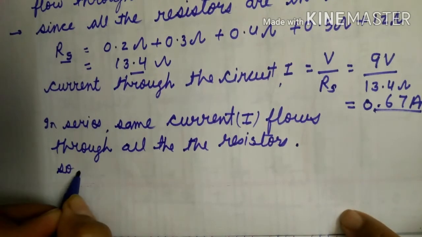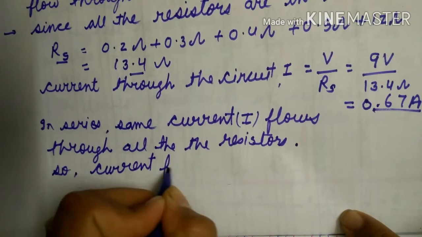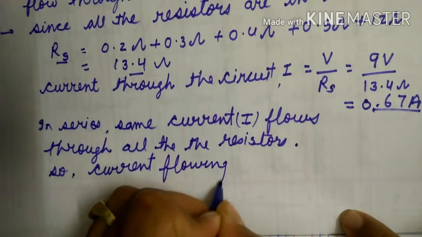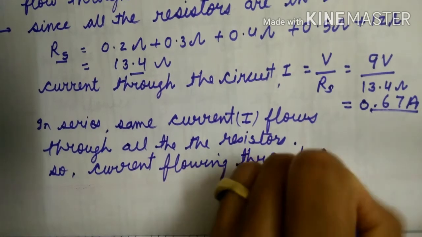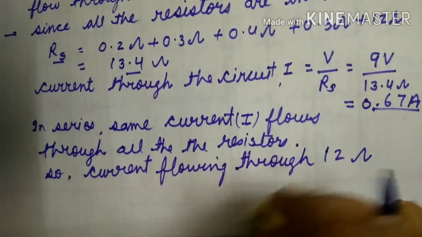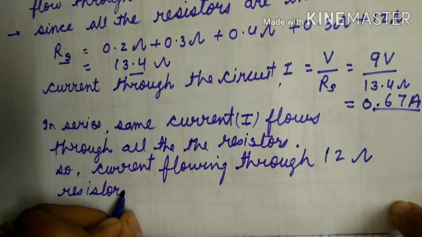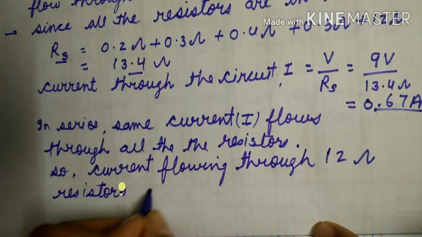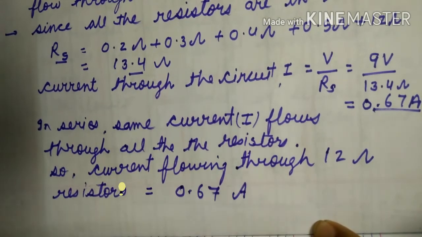So the current flowing through the 12 ohm resistor is the same current, 0.67 ampere.